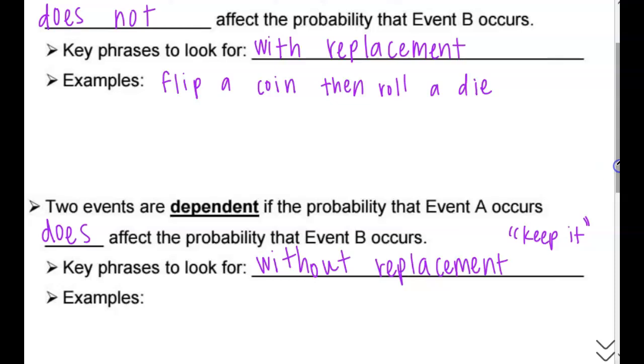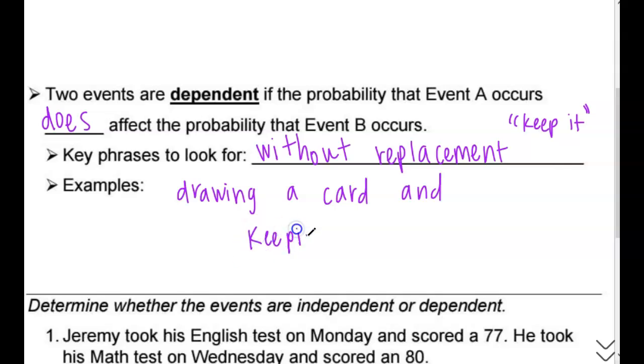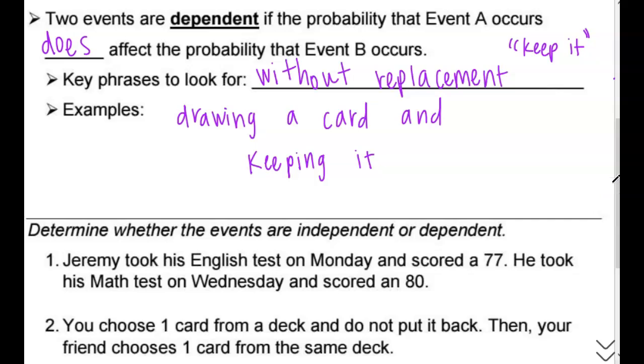So an example would be drawing a card and keeping it. So the goal for today, remember, is identifying if it's independent or dependent first, and then we'll do the calculations.